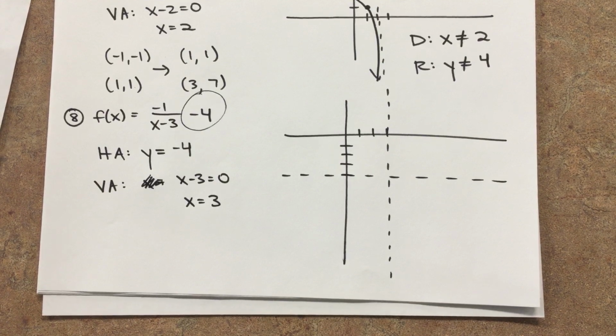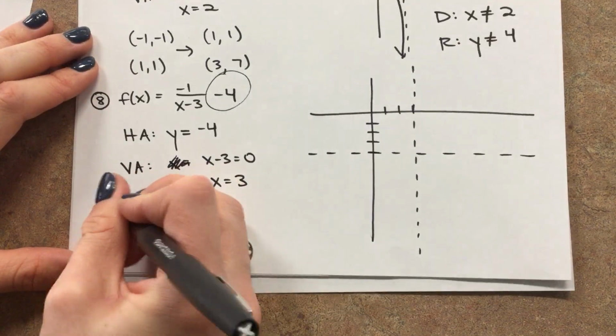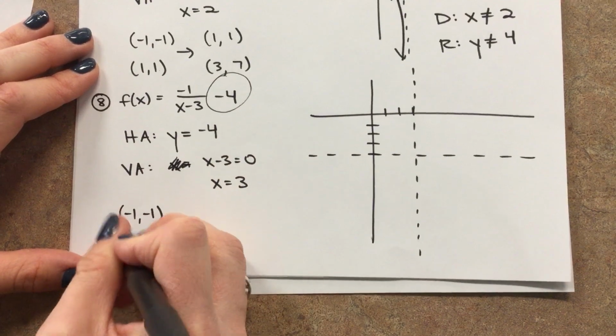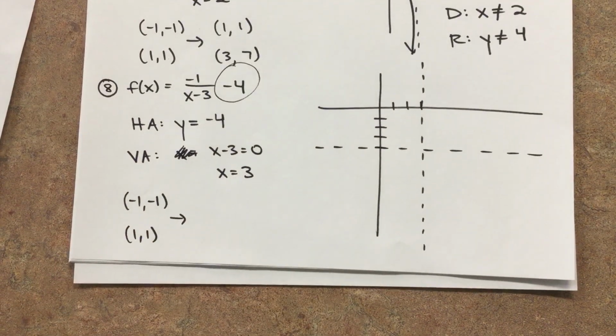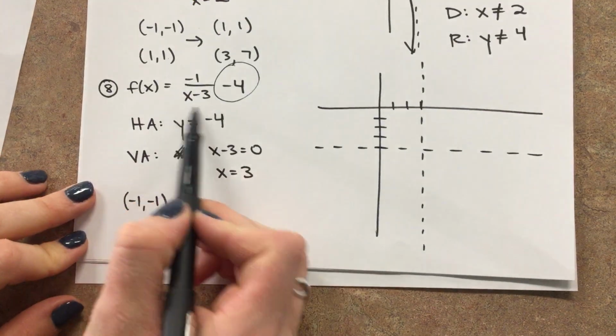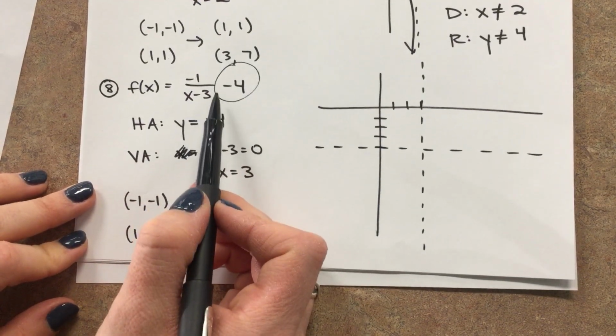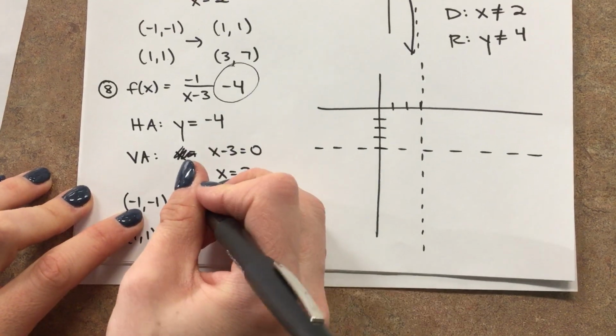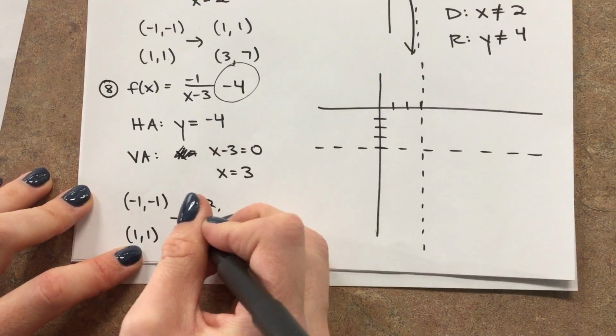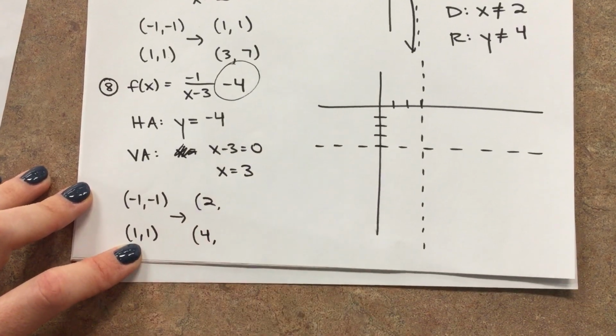And then just like we did with number 9, you take the 2 old points and transform them. So -1, -1, +1, +1. So for x, you look up to the denominator here. So x minus 3 goes do the opposite, so it means we should be adding 3 to our x values. So -1 plus 3 is 2. 1 plus 3 is 4.